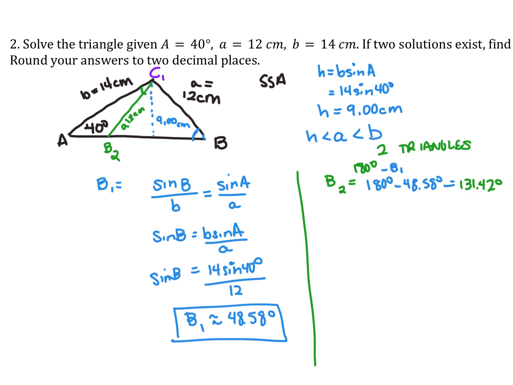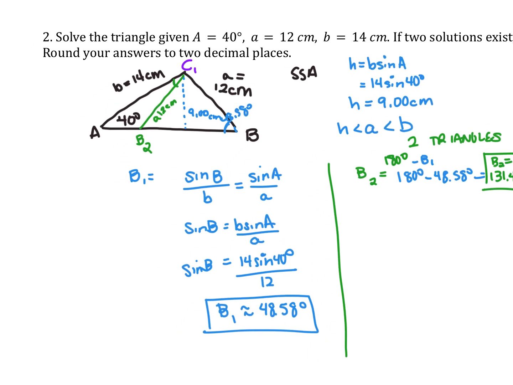Now, we'll go ahead and solve for the first triangle with our B sub 1 being 48.58 degrees. So let me label that here. And so we'll want to solve for angle C. To solve for angle C, we're going to take 180 degrees minus the 40 degrees of angle A minus 48.58 degrees, our B sub 1.